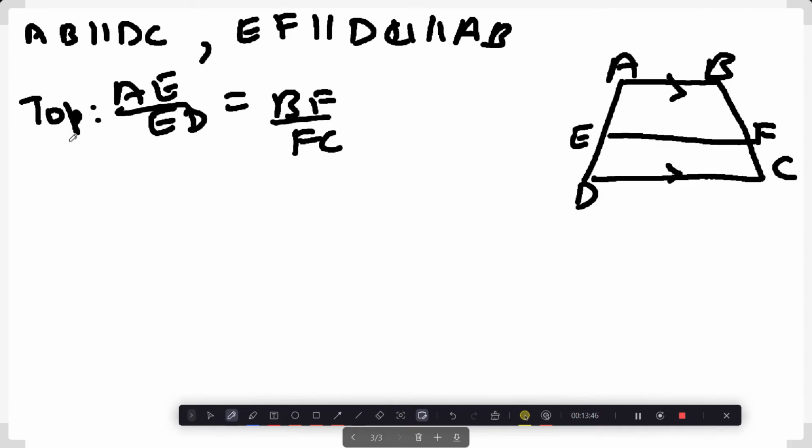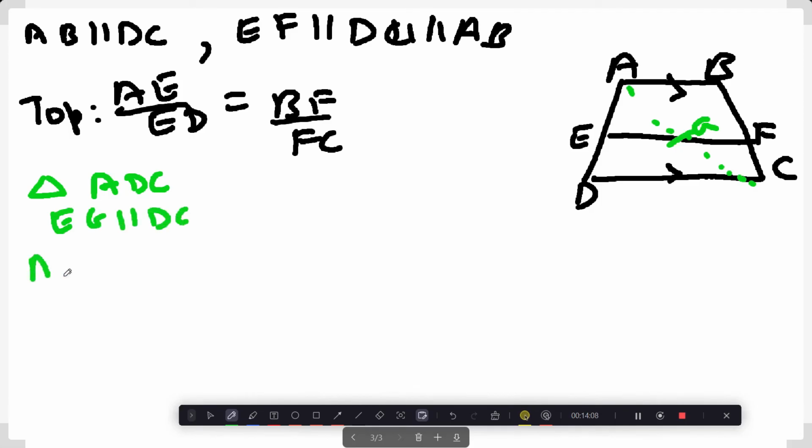Right? So what can we do? We can just join this line intersecting at G, right? So first let's take triangle ADC. EG is parallel to DC.